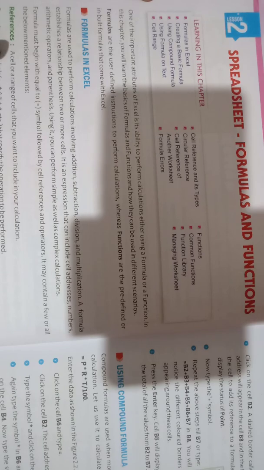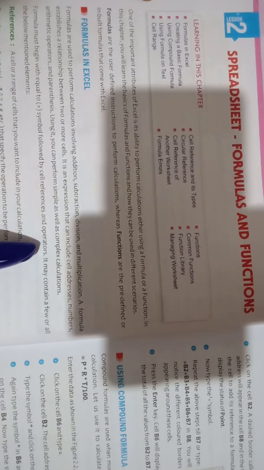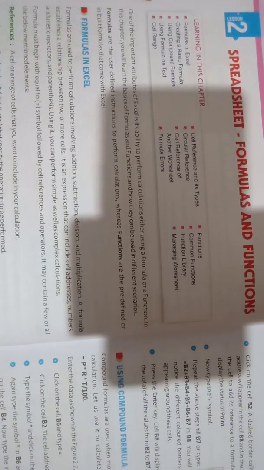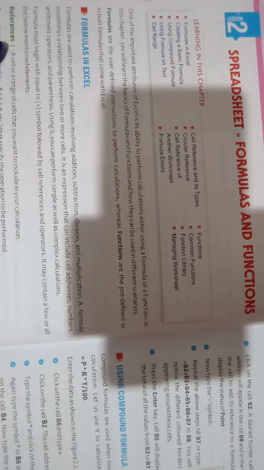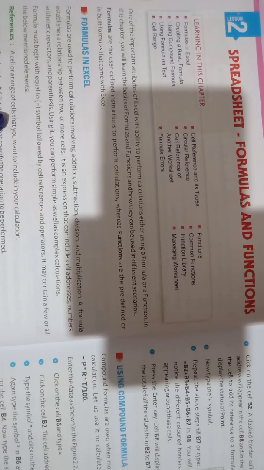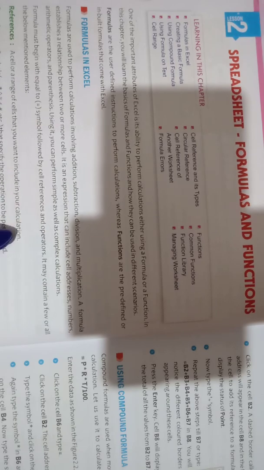So see here, first of all, a formula must begin with the equal to symbol followed by the cell reference and operators. So here, students, one thing remember: every formula must start with the equal to symbol. So here you know about 2-3 things: references, operators, constants and functions. First of all, references: a cell or range of cells that you want to include in your calculation.